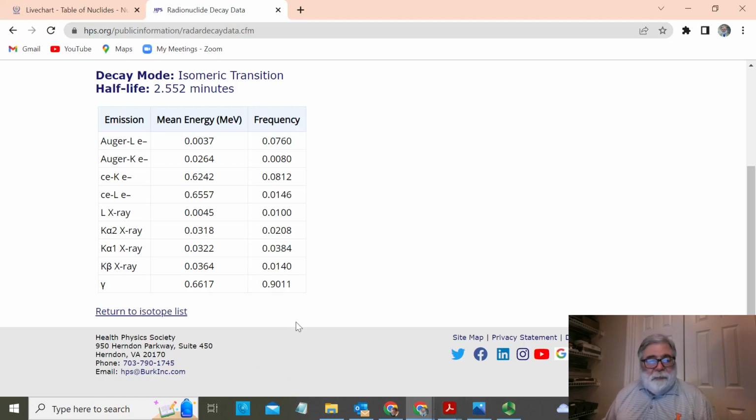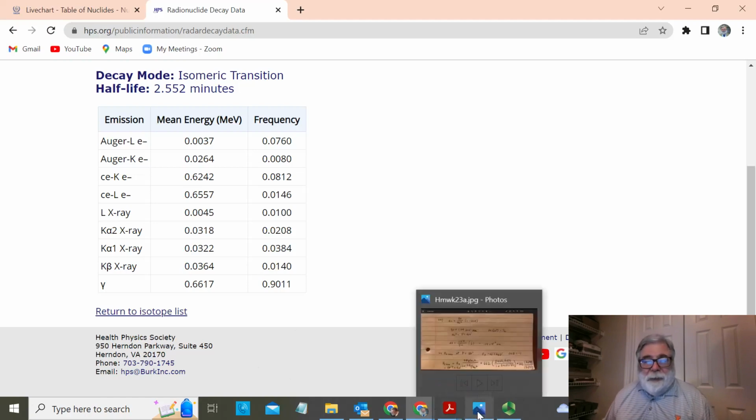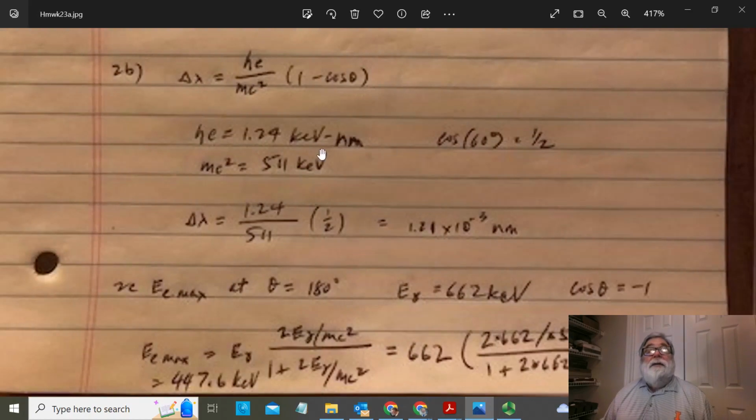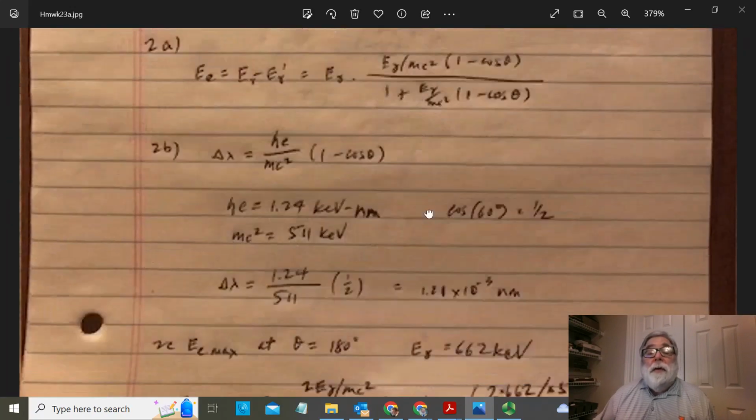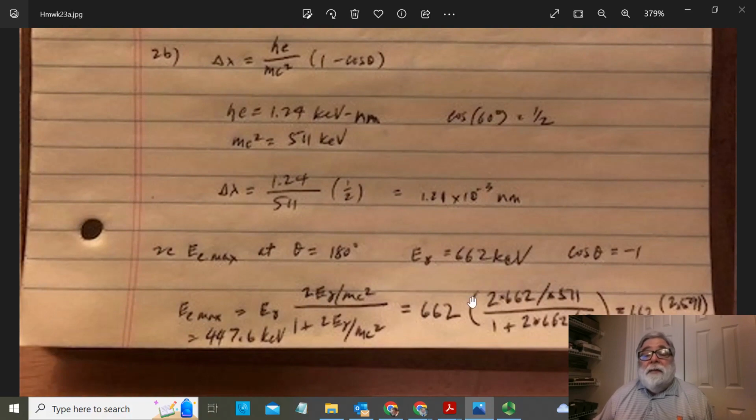So we've got the energy of the photon, we've got the scattering angle, and we've got mc squared, the rest mass of the electron. So 2 times 662 keV, the 2 is because the cosine of pi is -1 and 1 minus a -1 is 2, divided by the rest mass of the electron, 511 keV.